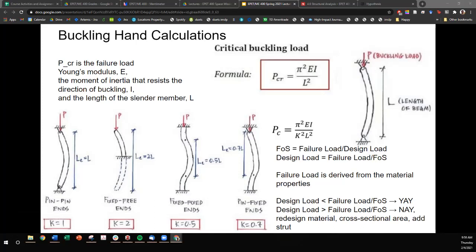A strut is a supporting slender member, and the way that a strut can affect your critical or failure load is, let's say you put a strut here or here, then your effective length is reduced and your critical load equation scales down. So it brings the critical load up if you add a strut in.